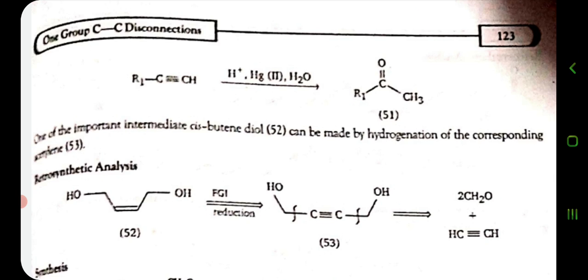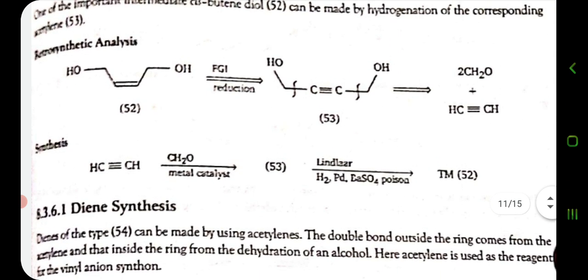In the synthesis reaction, a metal catalyst is used and acetylene is converted into the target molecule with the help of Lindlar catalyst, hydrogen and palladium on barium sulfate, and we will get the target molecule.